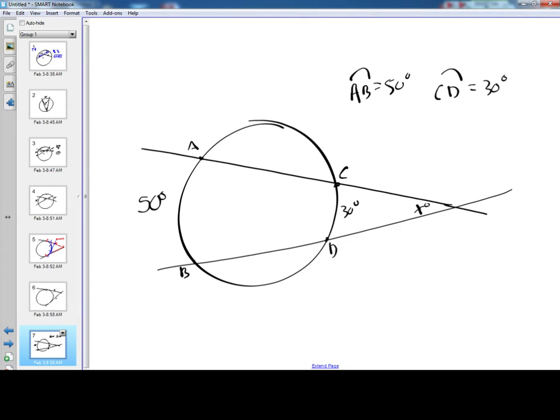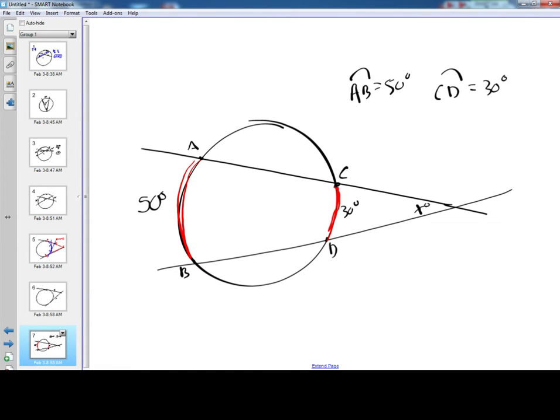It's going to be the major arc minus the minor arc, divided by 2, gives you angle X. So in this case, it's going to be 10. Very similar processes, except when they intersect inside, you add. When they intersect on the outside, then you subtract.